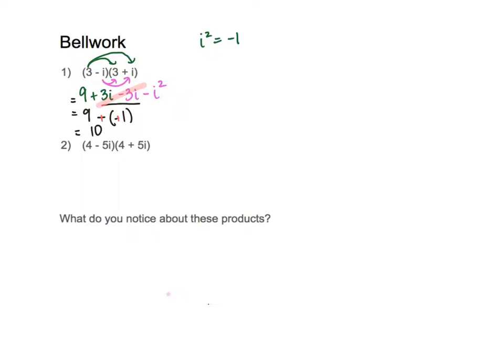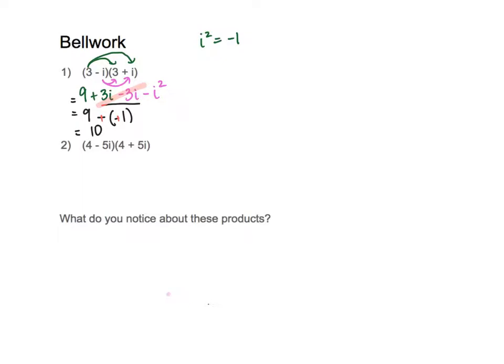Now let's try the second one. So the second question or equation here is also two factors, and they also are similar, but they're different in signs. So let's see what happens when we FOIL. So I'm going to distribute, it looks like a 4 first.